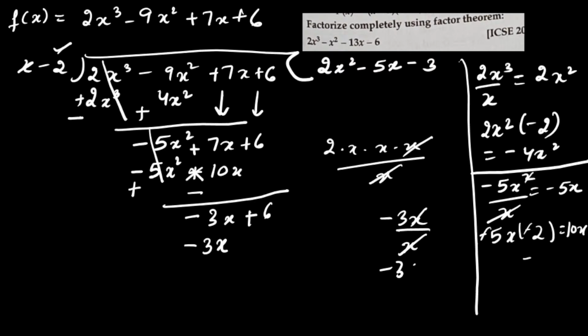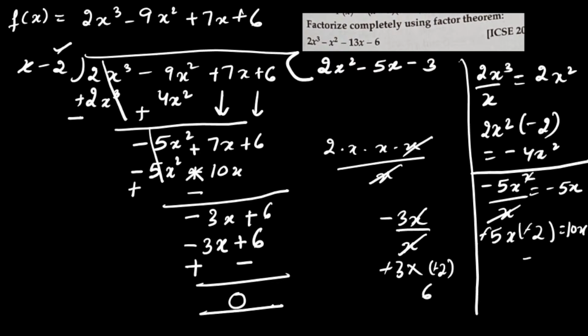Now minus 3 will multiply with minus 2. Minus 3 into minus 2 is positive 6 because minus and minus sign get cancelled. Plus 6, again we will change the sign. So minus will be changed to positive, positive will be changed to negative. So both of these will get cancelled. So the remainder we will get is 0.